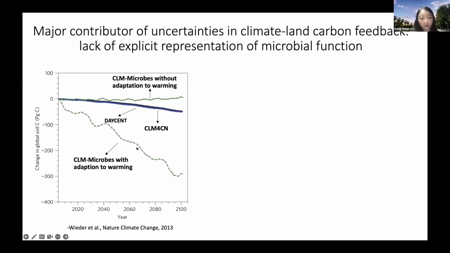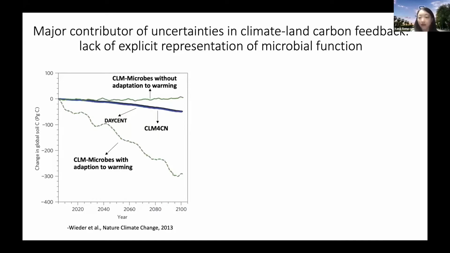Then this line shows the case where, under future climate conditions, the microbial community can adapt and adjust its behavior to mitigate that kind of uncertainty. So we can see that these different models show very diverse projections for the future climate condition.